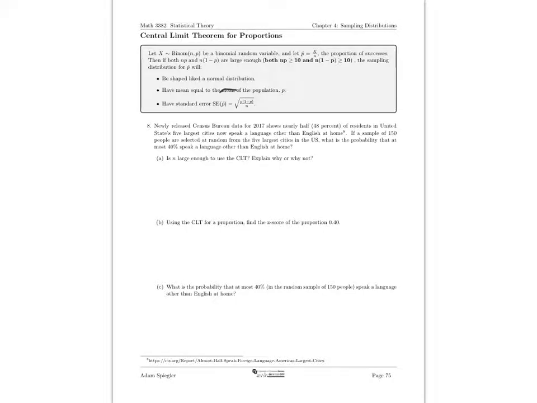So in this case, we've got n, which is 150, times p, which is 0.48. And when I calculate that product, I get 72, which is bigger than 10. Awesome. And then I would take my sample size, 150, multiply by 1 minus p, which in this case would be 0.52.